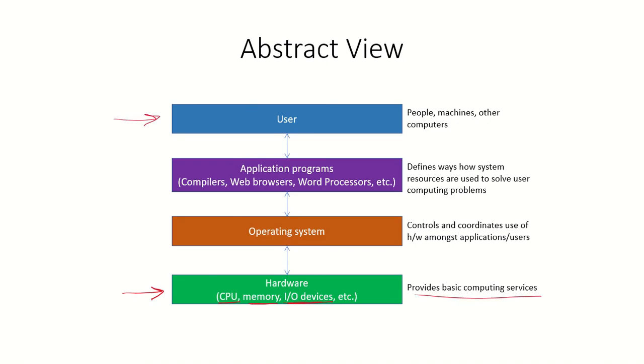At the topmost level, we have the user, which could be people or other machines, who want to use this lowest level to run certain application programs like compilers, web browsers, word processors, etc. For the user to use these hardware resources, the OS provides the abstraction and controls and coordinates the use of this hardware amongst various applications.